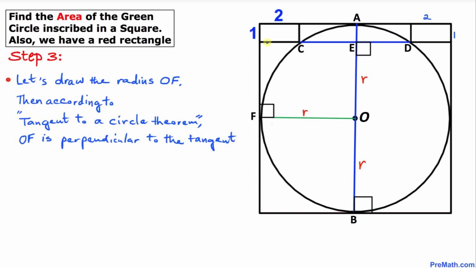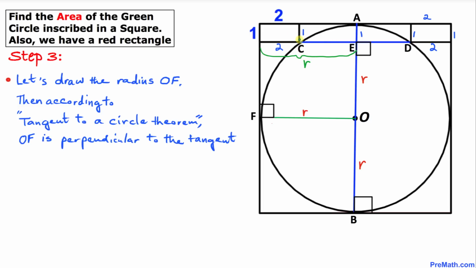And moreover, the length of this rectangle, this is 2, and this is 2 on this side as well, and the width of this rectangle is 1, so this is going to be 1 as well, and this is going to be 1. And also we can see that this radius OF is R, so that means this length is going to be R as well.